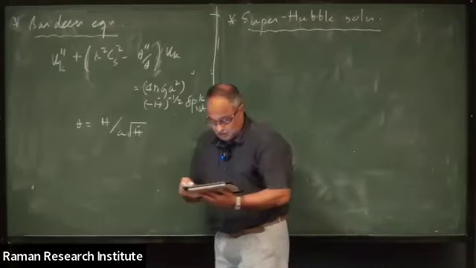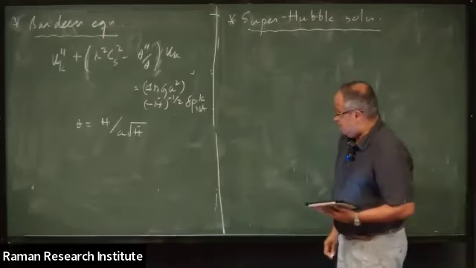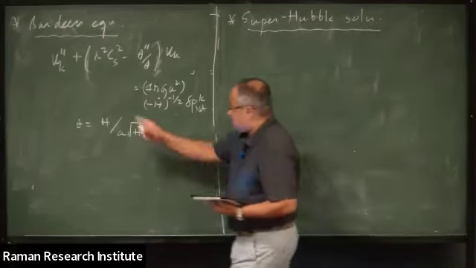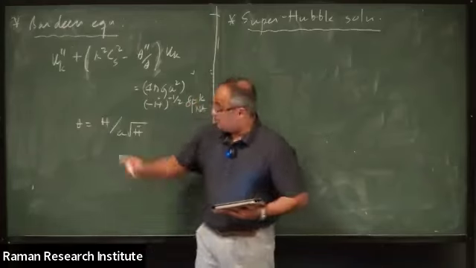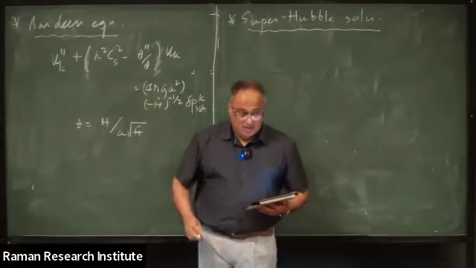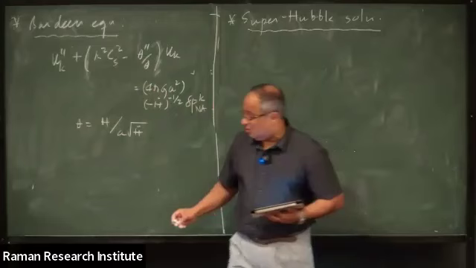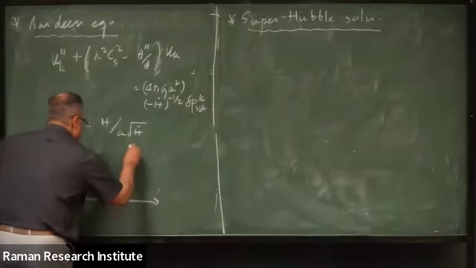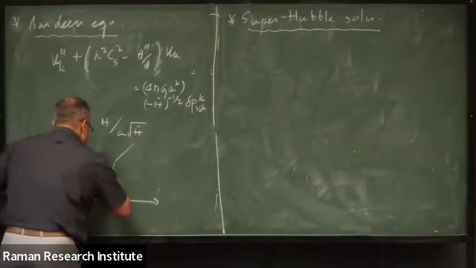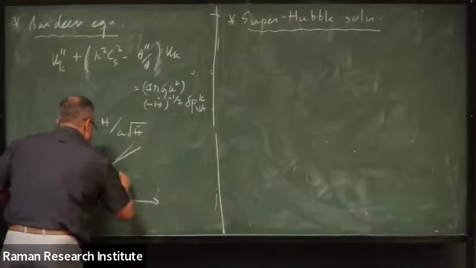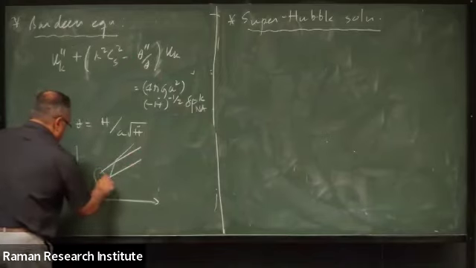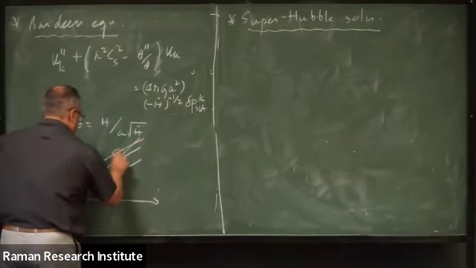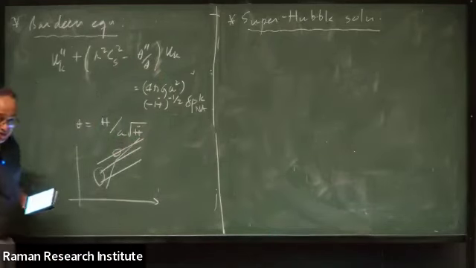Remember, where does the super Hubble or sub Hubble come in? It depends on the value of K, and that has to be compared with this quantity. Remember the picture that we had earlier. Remember this mode, and there are other modes. This is the super Hubble solution. You can have a situation where this is entering here. It can be super Hubble during the matter domination as well.